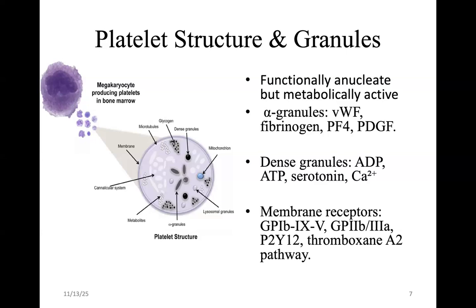So let's take on this slide. Yes, so alpha granules help the platelets to function well. There are certain membrane receptors like the GP1B and GP2B3A that actually help the platelets bind to function the way they function.